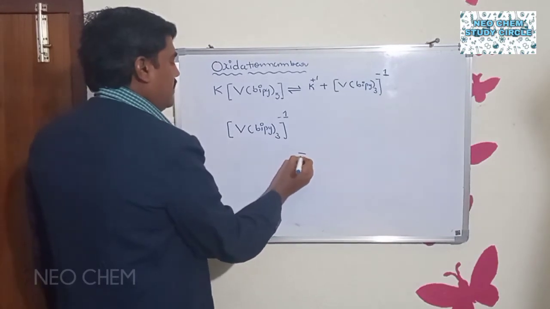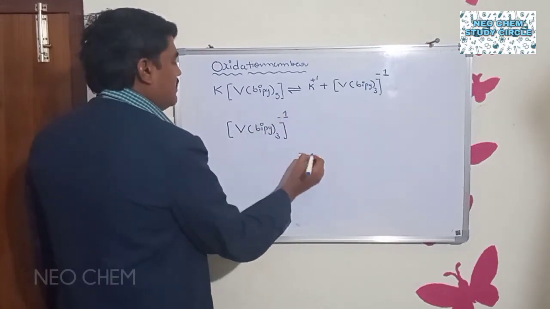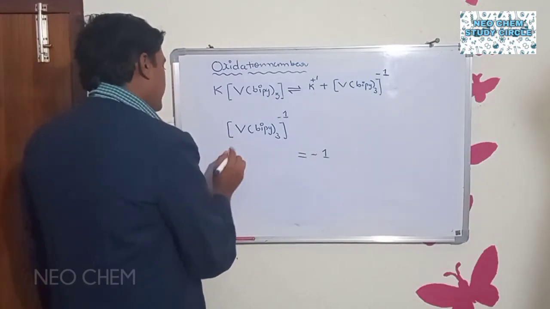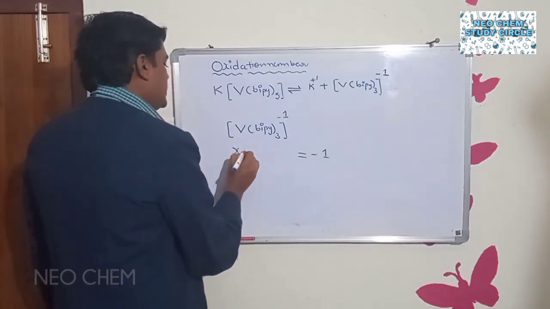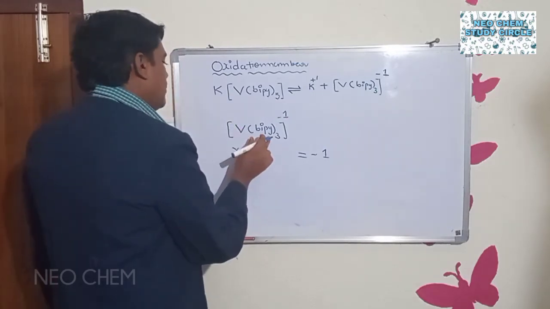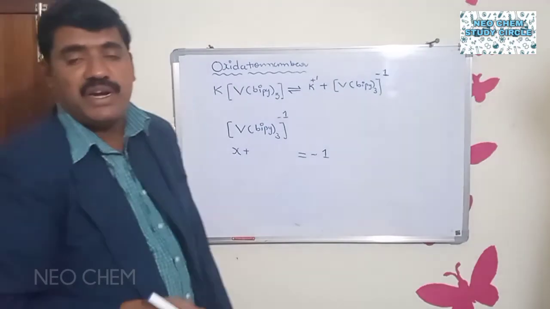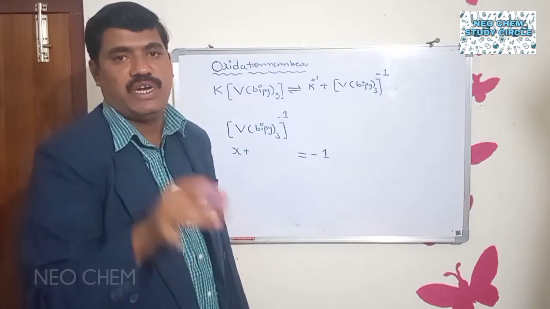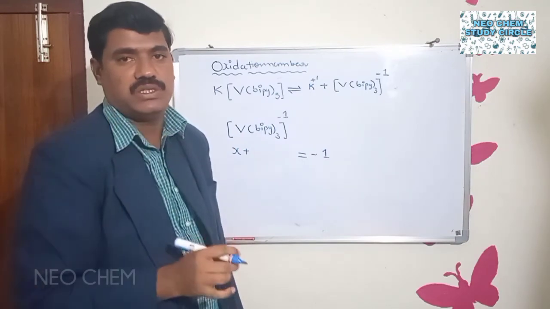Now the equation: the charge of the complex sphere is minus 1. Next, the oxidation number of vanadium is plus X. Next, bipyridine. Bipyridine is a neutral ligand, so it should have 0 charge.